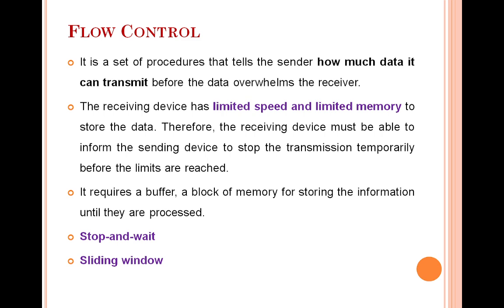The main objective is that the speed of data transmission should be equal on both the sender side as well as the receiver side. If the receiver has a limited speed and limited memory to store the data, then there is a necessity to store the data temporarily.